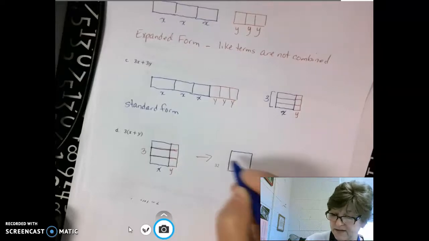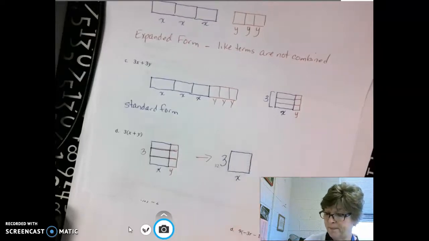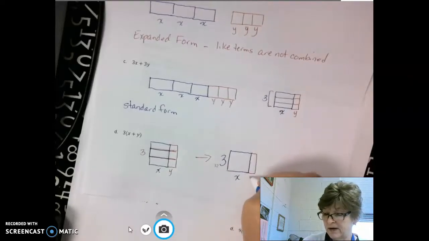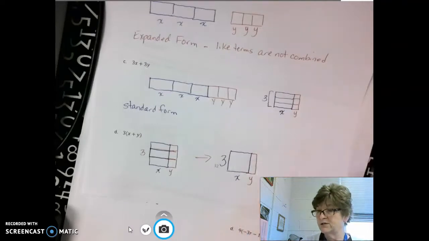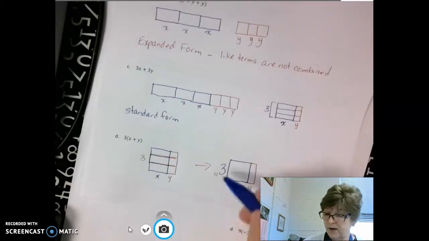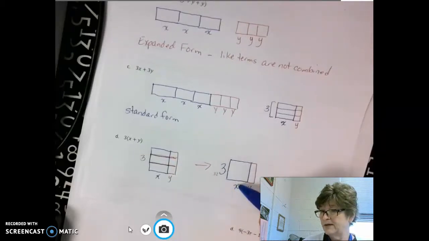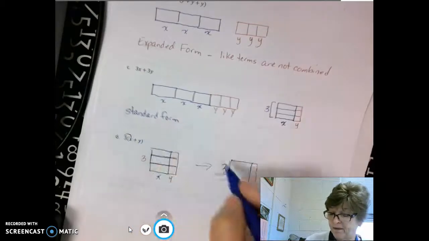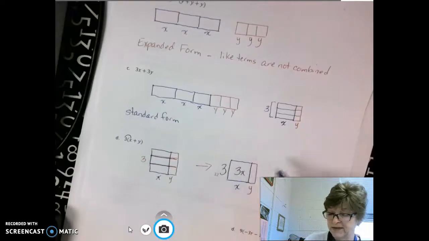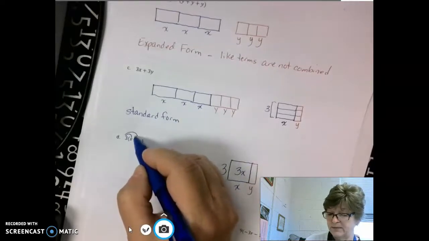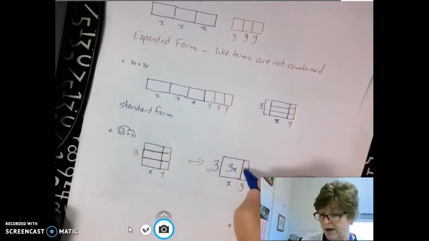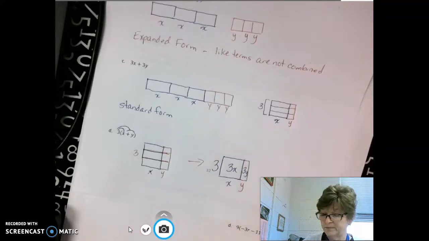This is my x. This is 3. That's telling me how many groups. And here is my y, and also 3. And it goes back to when we found the area a few minutes ago. We do the 3 times x, because that is distributing, which forms 3x, and then 3 times the positive y, or the plus y, and I get the 3y.